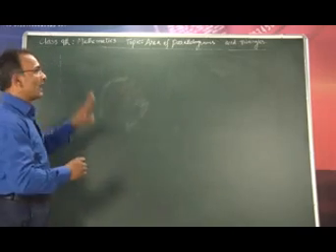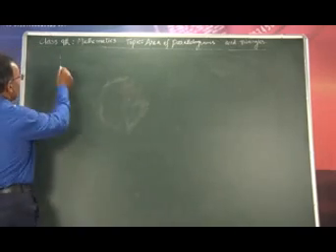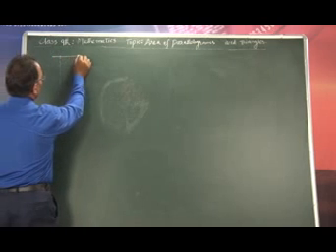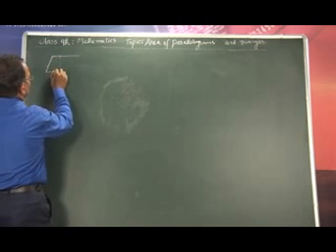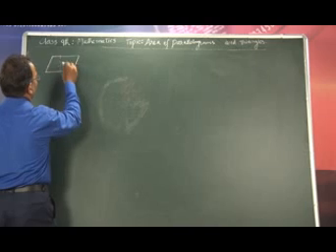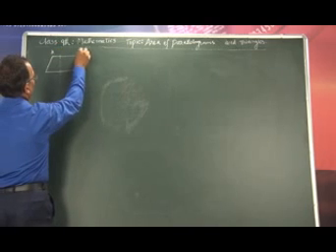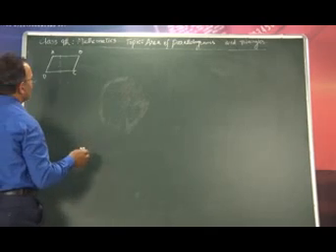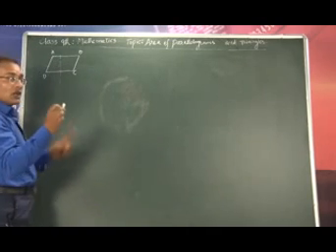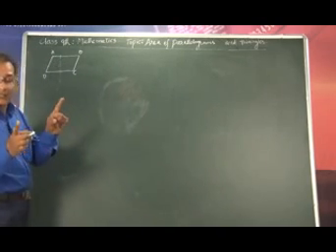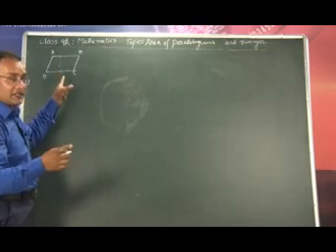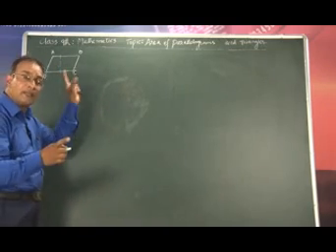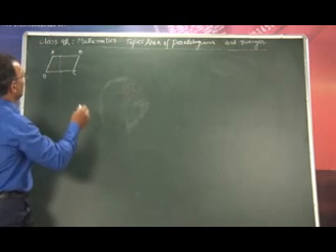So, for example, I will explain it to you like this. If you have a parallelogram, let us name this parallelogram ABCD. We have to prove the quadrilateral formed by joining the midpoints of these sides. First, we will draw the midpoints.